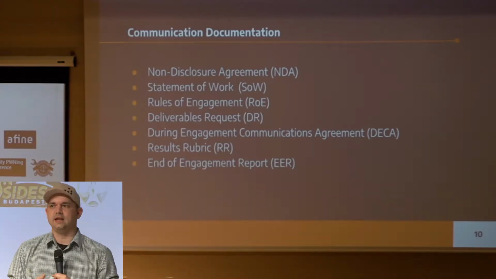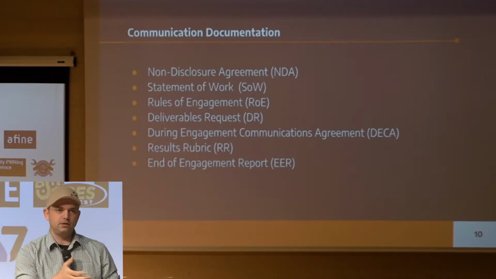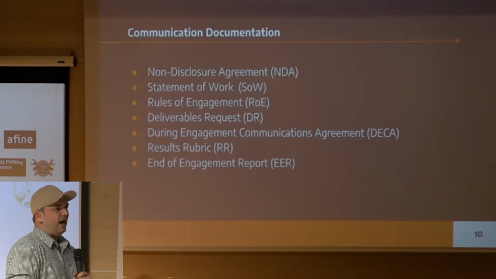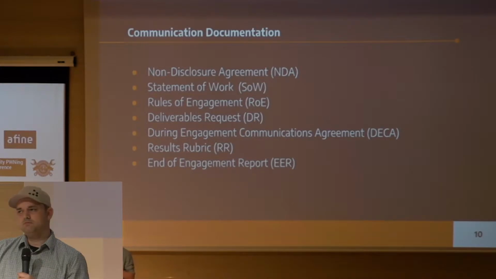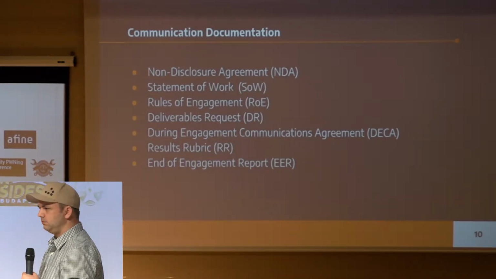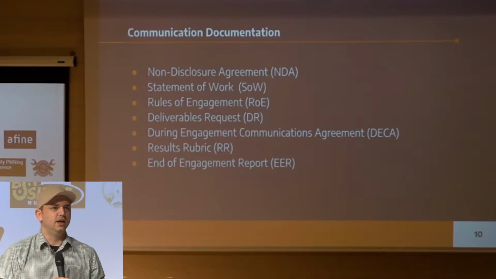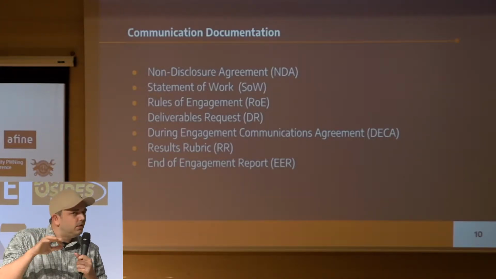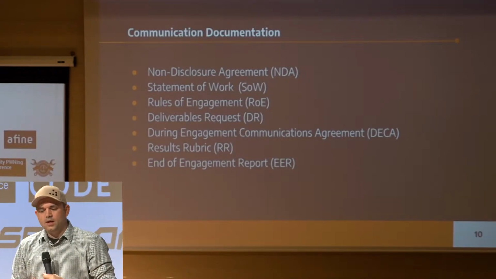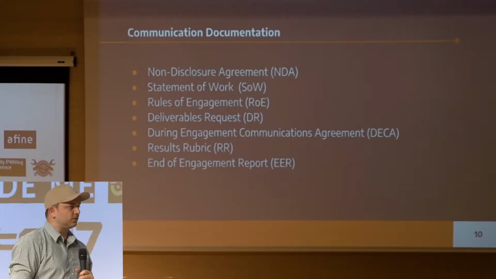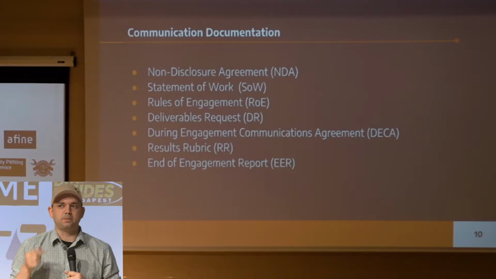It's basically an agreement between you and the partner that says, I will give this to you by X date. Most of the times that's the report, right? Almost every pen test company has we'll give you the report in 2 weeks, 3 weeks, 4 weeks, 10 weeks, whatever. But this deliverables request actually has requirements for the partner.